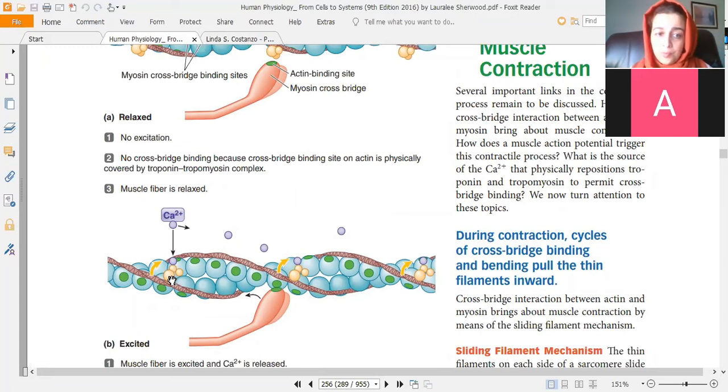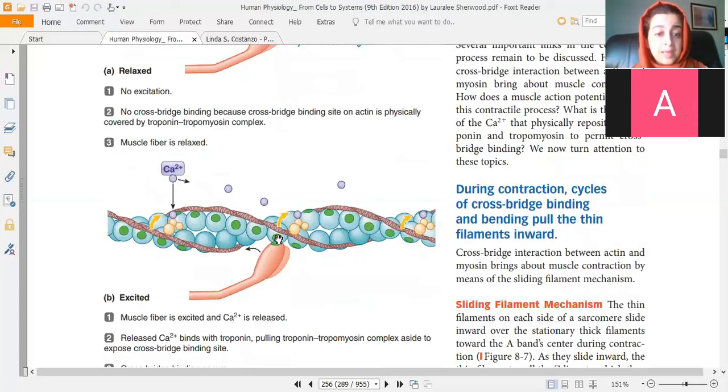Since it is attached to tropomyosin, when it changes its configuration, it also pulls on the tropomyosin. And when tropomyosin is pulled off the actin molecules, the actin active sites are exposed. There is a natural affinity of myosin heads for the actin binding sites. So immediately the myosin will bind the actin.